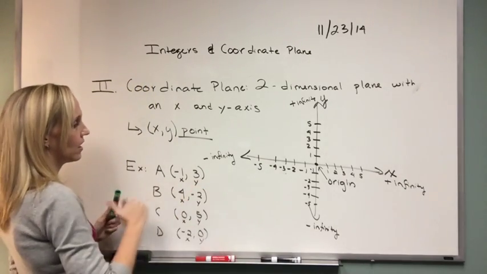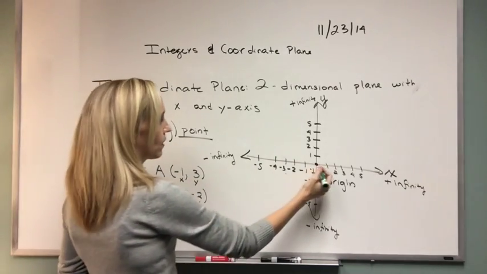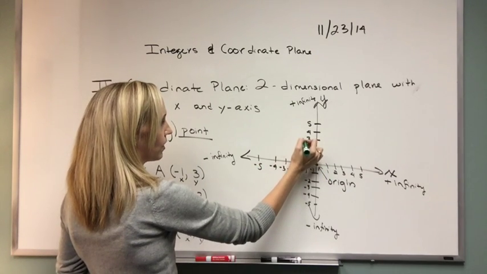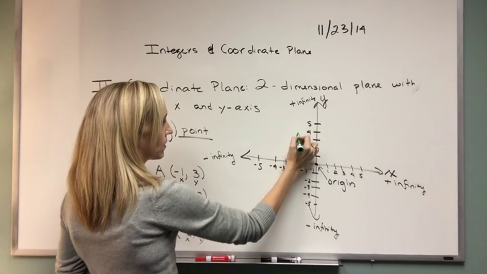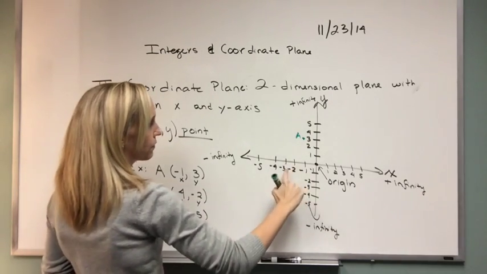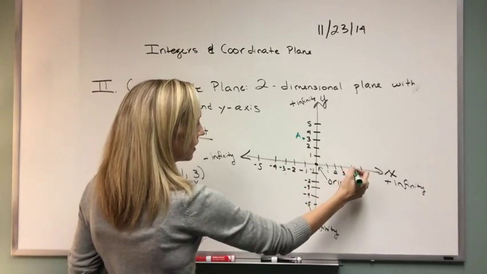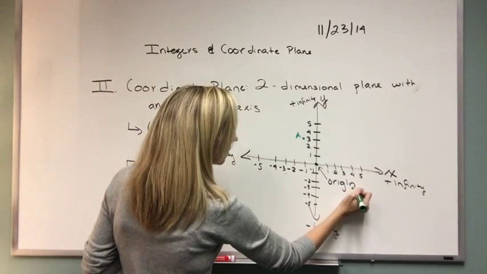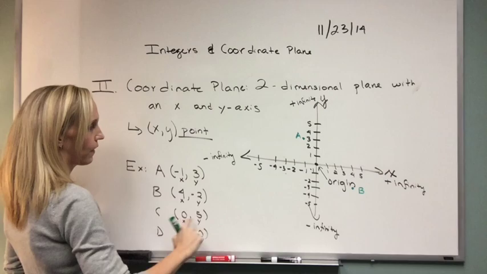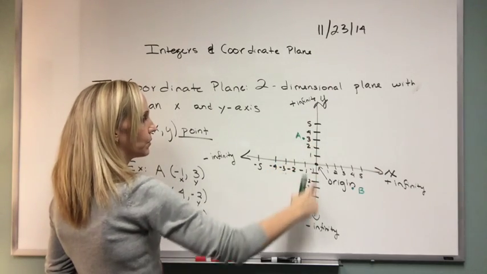So A is -1, +3. So I go to -1 on my x-axis, which is here, and then I go to 3 on my y-axis. So this is point A. B is 4, -2, so 4 along the x always first, down to -2. This is B. C is 0, 5, so where does x equal 0?